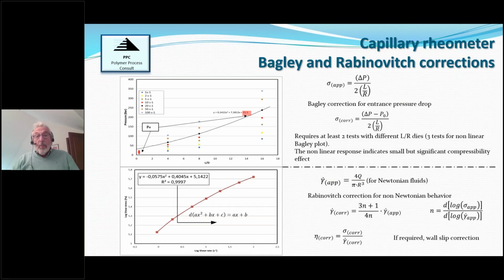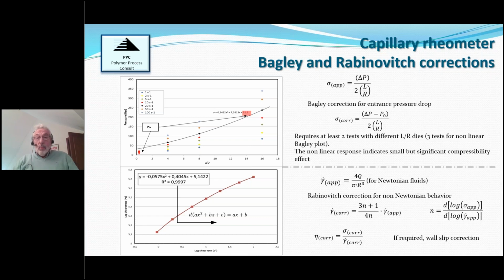So very briefly, the two basic corrections are the Bagley and Rabinovich corrections. The first one is to correct the entrance pressure effect. So we normally measure delta P, the difference in pressure, and the shear stress is derived from that pressure. Now, as we have an extra pressure from the entrance, we need to remove it, and this is called the Bagley correction.